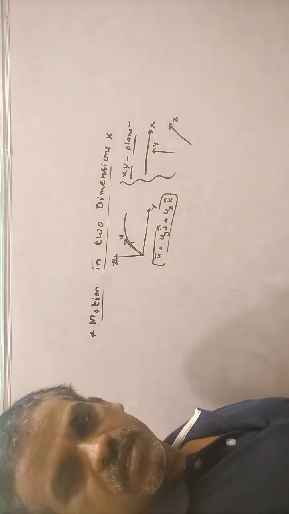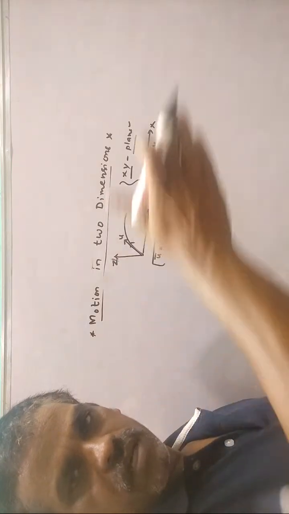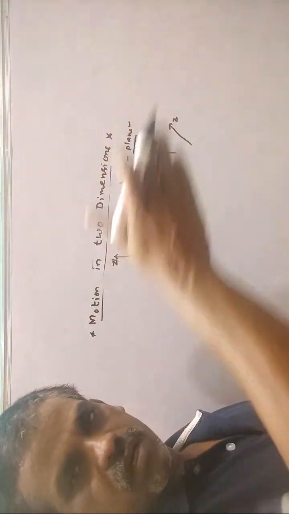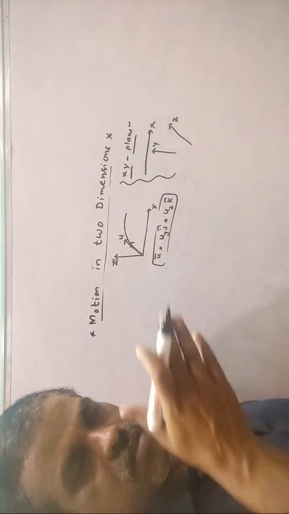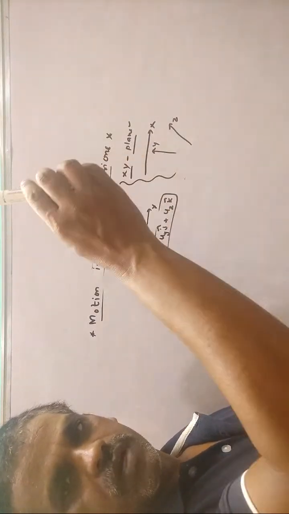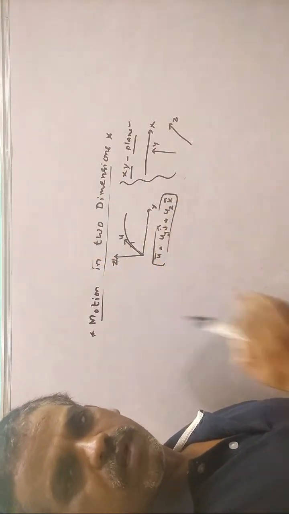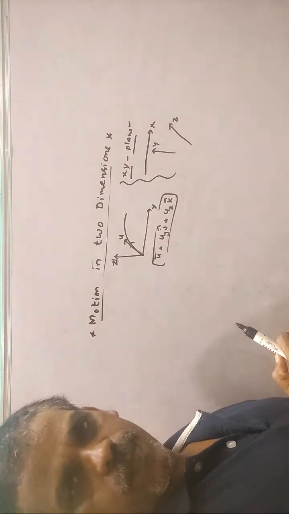What I am discussing here: linear motion along the x axis, along the vertical y axis, or along the z axis, we already discussed in the last classes. Those are linearly moving bodies.